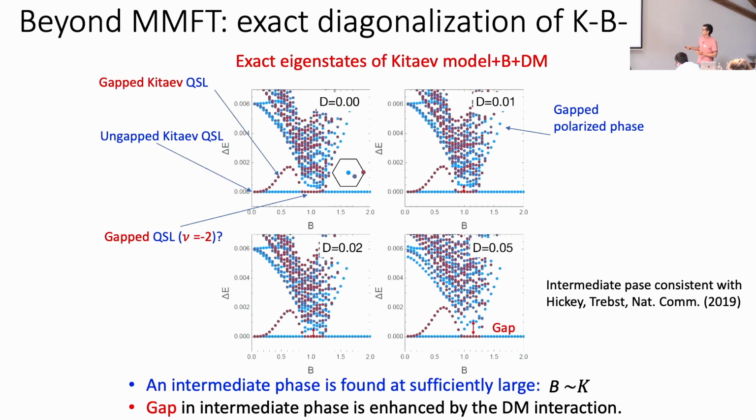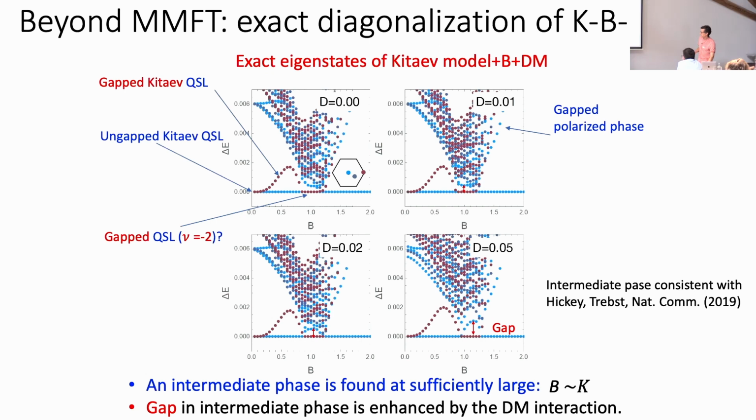And this is actually consistent with other people's work. Hickey and Trebst also find an intermediate phase for these values of the field, which are comparable to the Kitaev interaction.